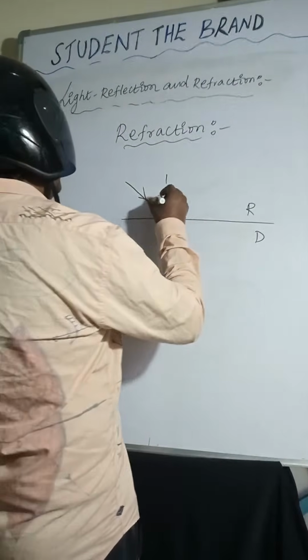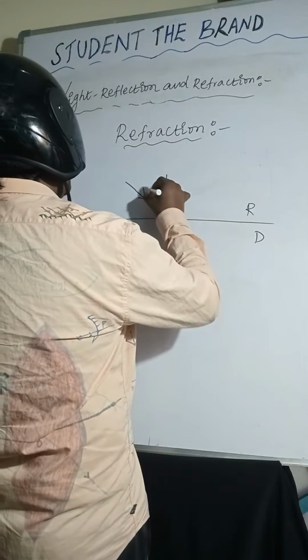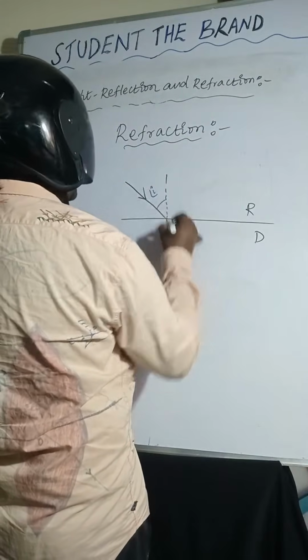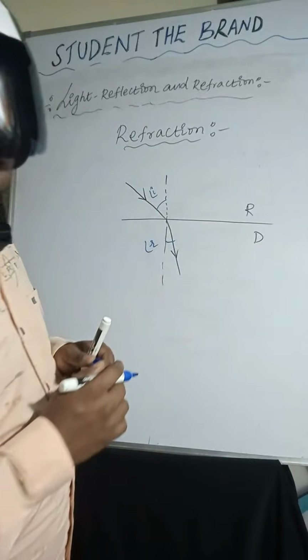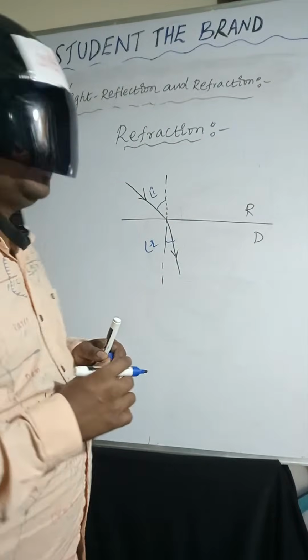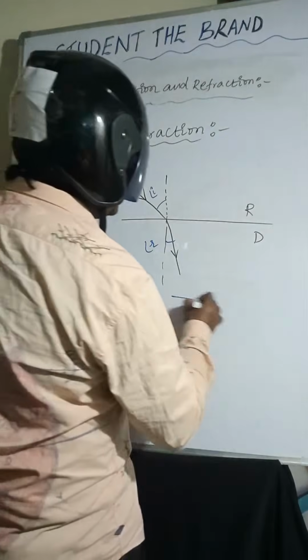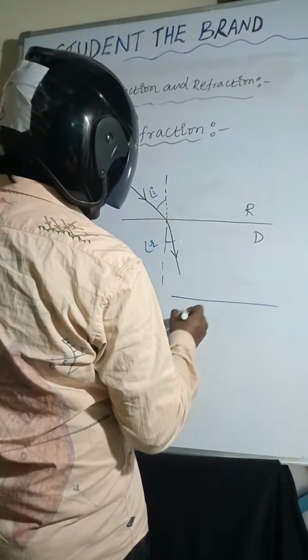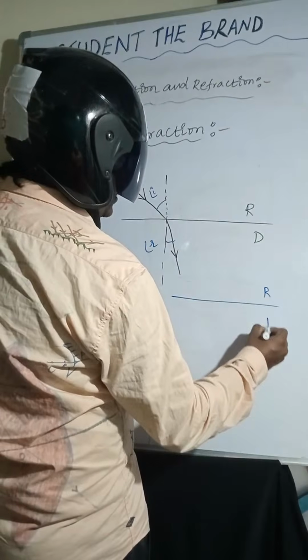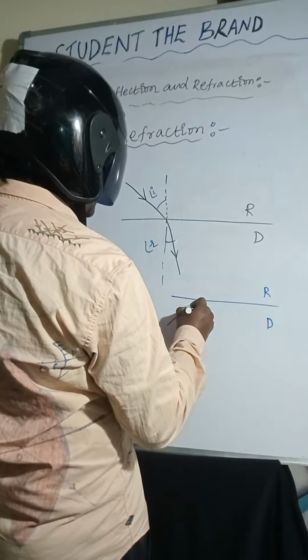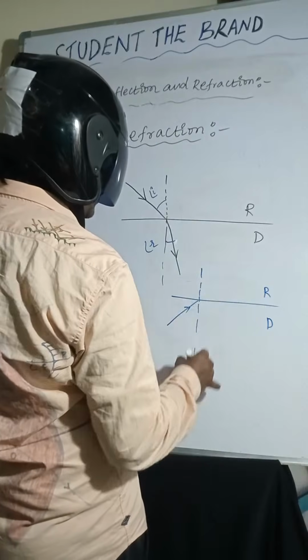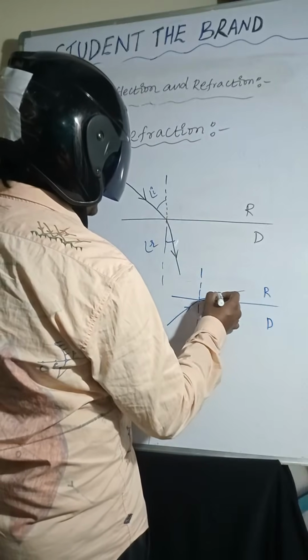The angle between incident ray and normal line is called angle of incidence. Angle between refracted ray and normal line is called angle of refraction. Same thing if the light ray is passing from denser to rarer, it moves away from the normal line like this.